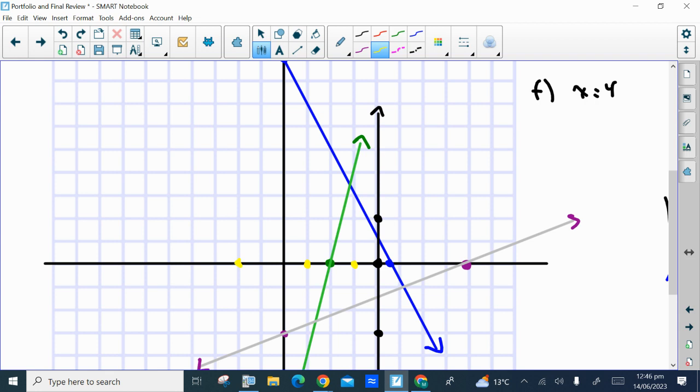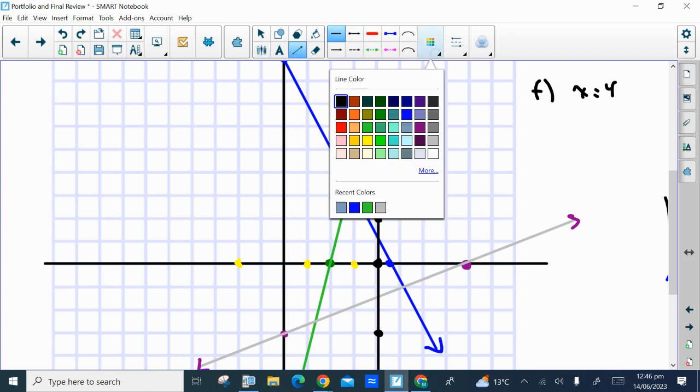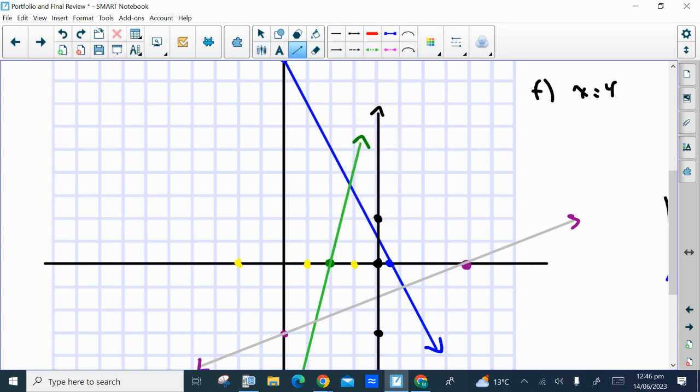Y equals 0. The equation is y equals 0, which tells us that x can change, but y never does. This is actually a horizontal line. It's actually the equation of the x-axis. The x-axis is the equation y equals 0.